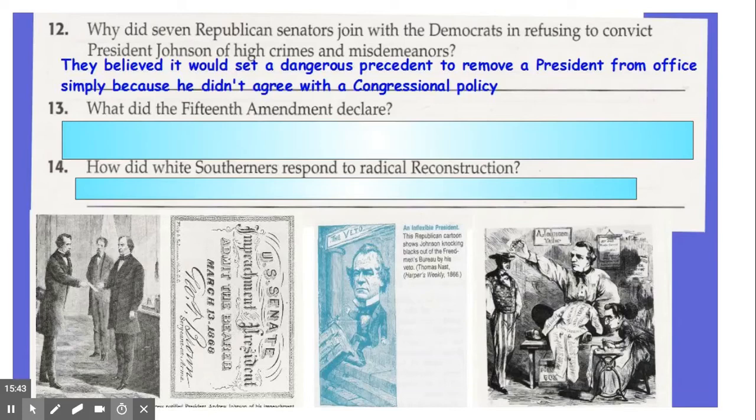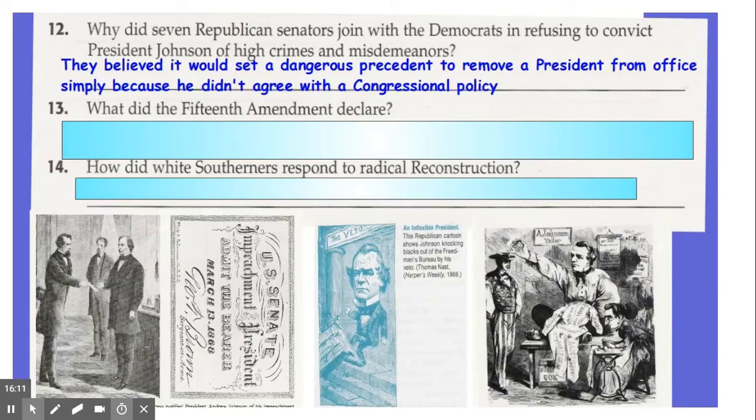In basically 1868, members of Congress were a little concerned that President Johnson was going to kind of squash some of their plans with presidential vetoes. And so what they wanted to do is to make sure that President Johnson couldn't fire members of his cabinet without getting permission from the U.S. Senate. And so they ended up passing the Tenure of Office Act.